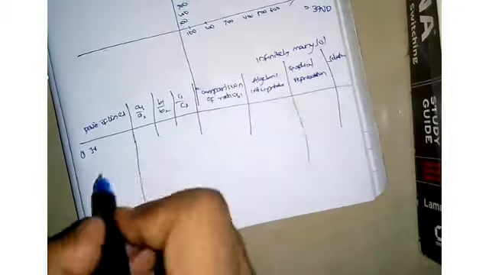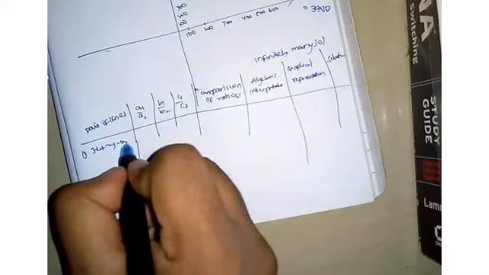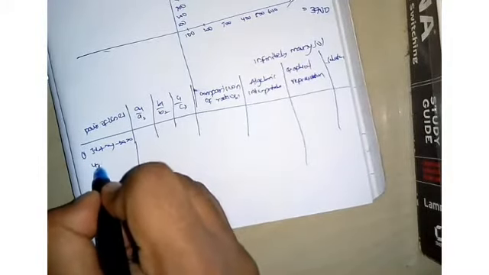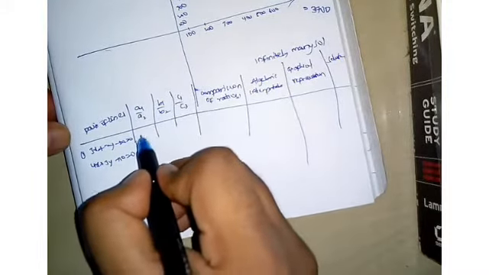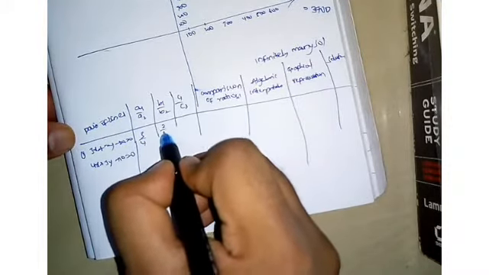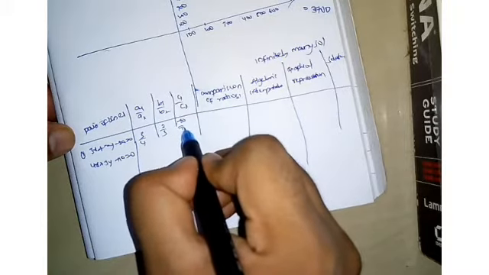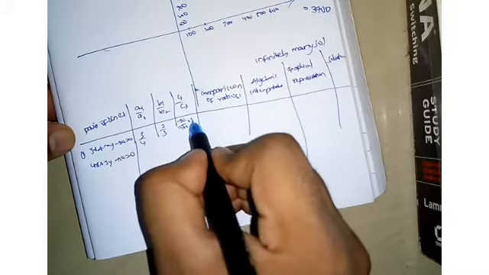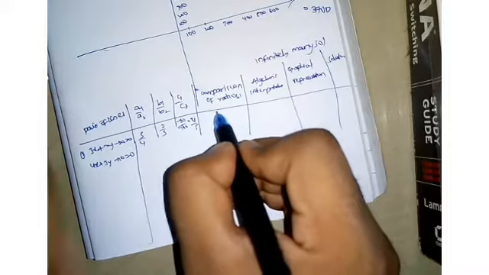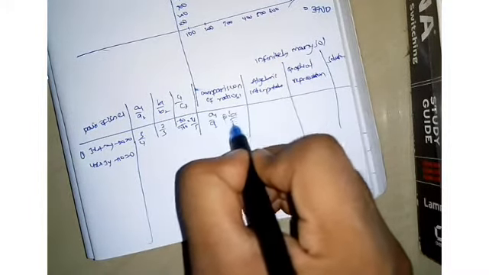3x plus 2y minus 80 is equal to 0, and 4x plus 3y minus 110 is equal to 0. Here for this equation, a1 by a2 is 3 by 4, b1 by b2 is 2 by 3, and c1 by c2 is minus 80 by minus 110, which is equal to 8 by 11. Comparison of equations: here a1 by a2 is not equal to b1 by b2.